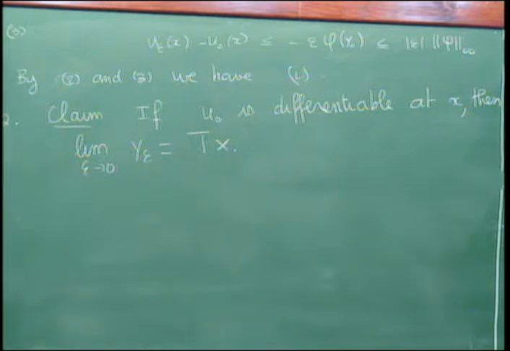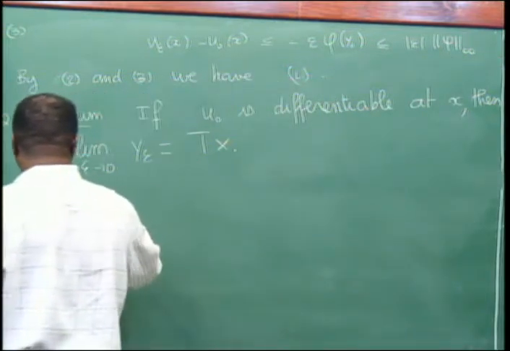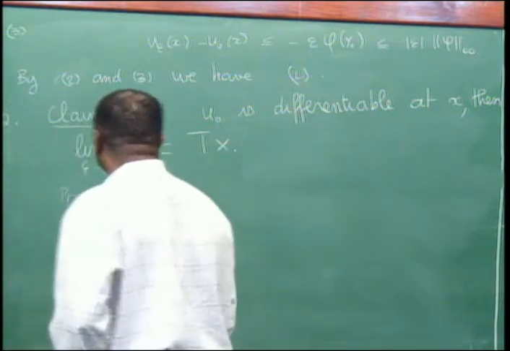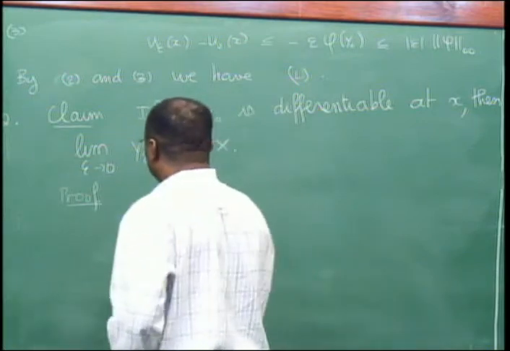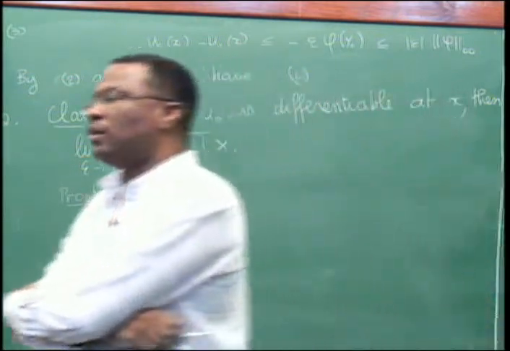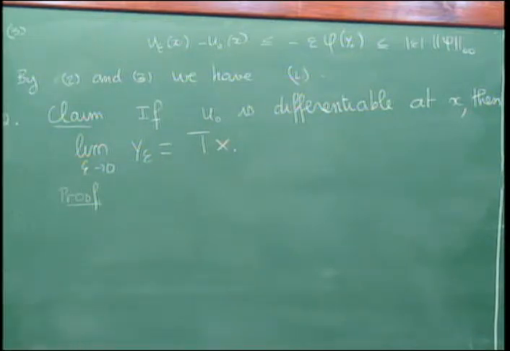And the proof will be very similar to what I did before. If you want to prove that y epsilon converges to t of x, it is enough to prove that from any subsequence of y epsilon, you can extract another subsequence which converges to t of x.